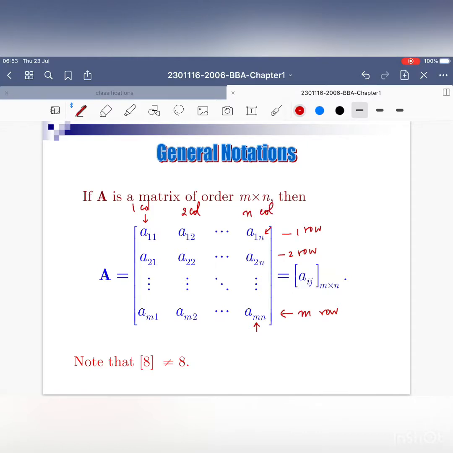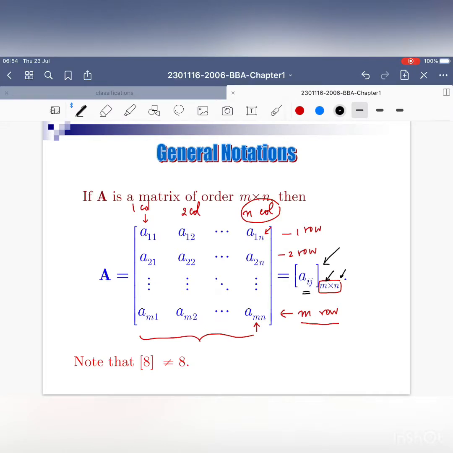So this matrix contains m rows and n columns, and the size of the matrix is m by n. Usually we abbreviate it: instead of expanding it like this, we contract it into aij, m by n.